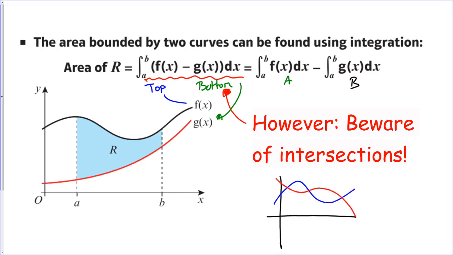We need to be a little bit careful because in this first section here, the blue one is the top, and in this second section here, actually the red one is on the top. So here they've swapped over. So if you are using the method of top take away bottom, you need to be really careful about which one's on the top, and make sure that you're computing this integral properly.